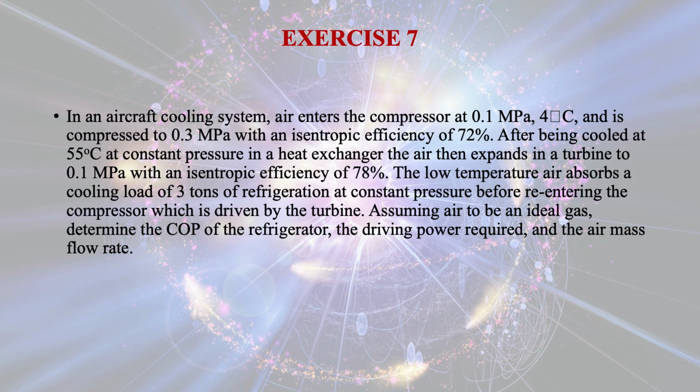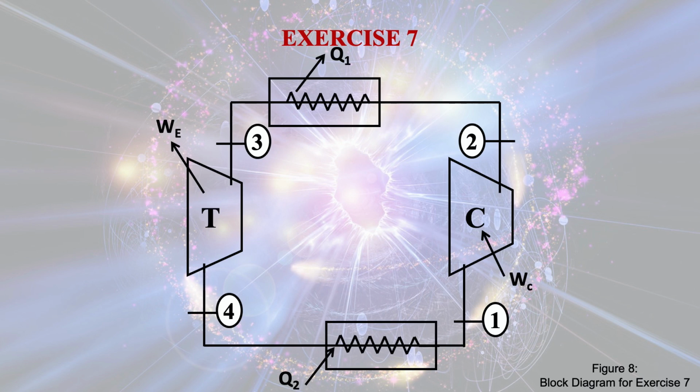The low temperature air absorbs a cooling load of 3 tons of refrigeration at constant pressure before re-entering the compressor, which is driven by the turbine. Assuming air to be an ideal gas, determine the COP of the refrigerator, the driving power required, and the air mass flow rate. For this problem, this is the block diagram.